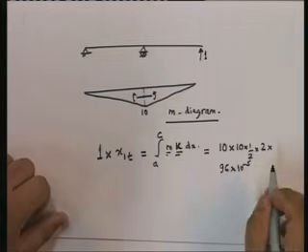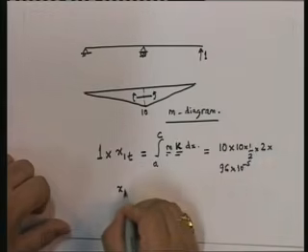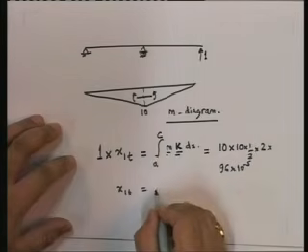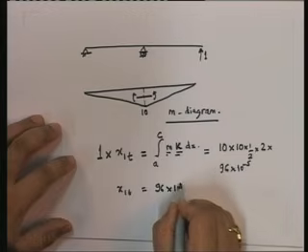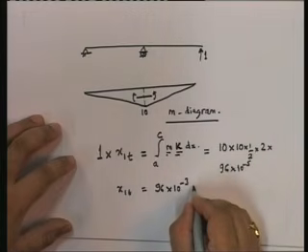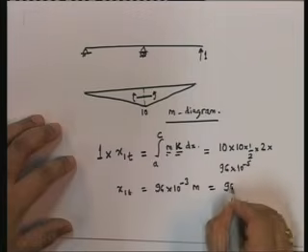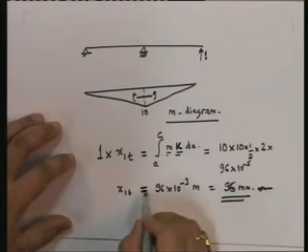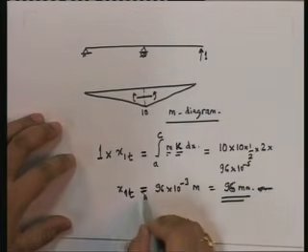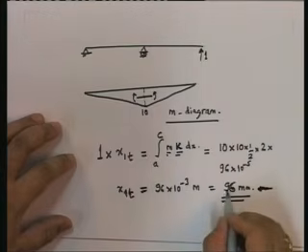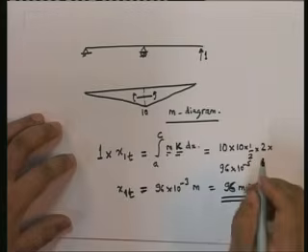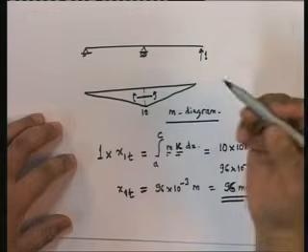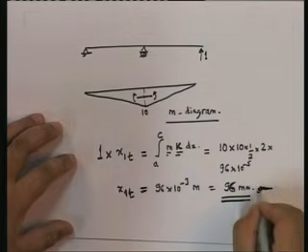So x1 of t turns out to be 96 into 10 to the power of minus 3 meters, which is equal to 96 millimeters. Note that this is not a very small displacement. So you see, because of the temperature differential of 40, x1 of t is equal to 96 millimeters.